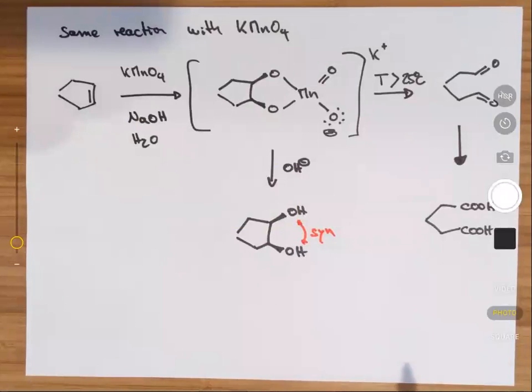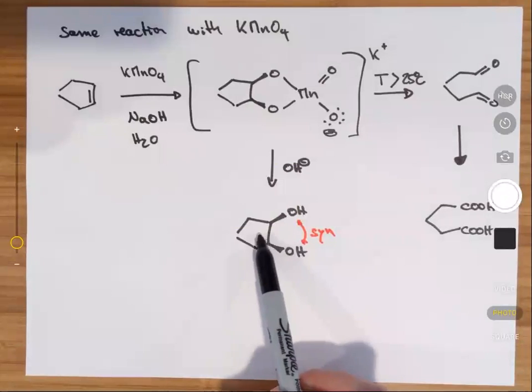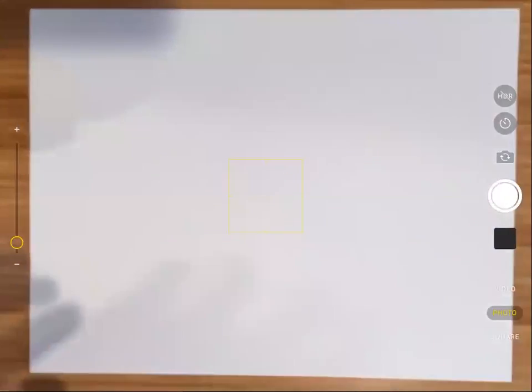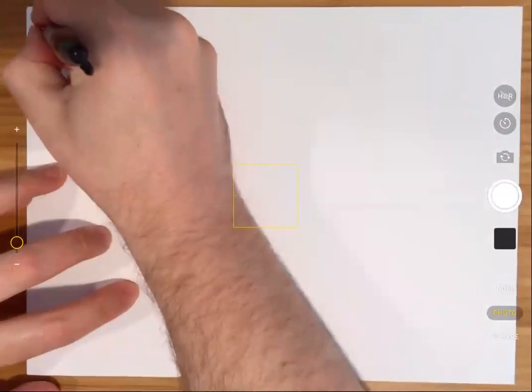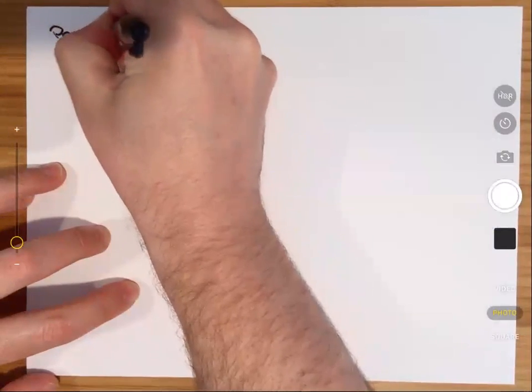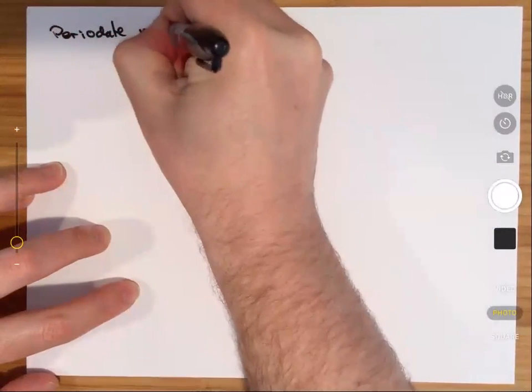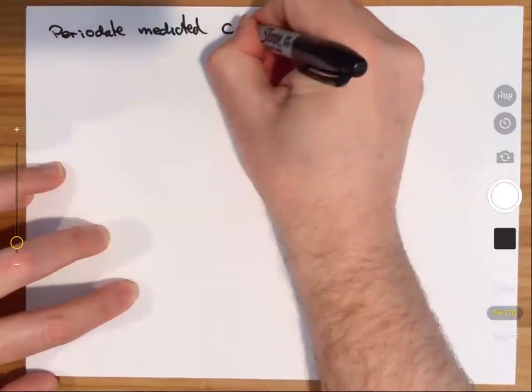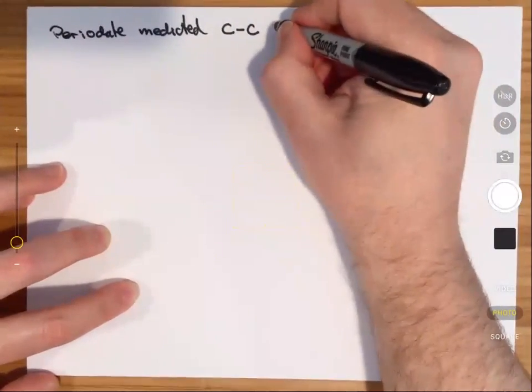And that allows you to basically access a mode to cleave this bond here selectively to access, for example, the aldehydes. And those are periodates. So periodate mediated CC cleavage.